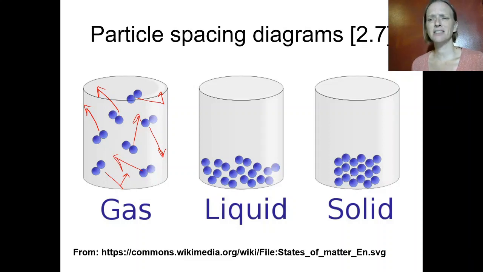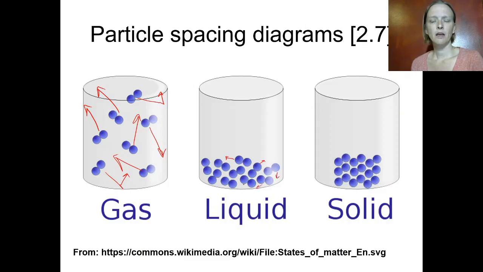In a liquid and in a solid, the particles are very close together. In fact, usually there's not very much difference in the density of a liquid versus a solid. In liquids, the particles are close together, it's just that the particles are free to move past each other. So these particles are still moving, they're just not moving as fast.